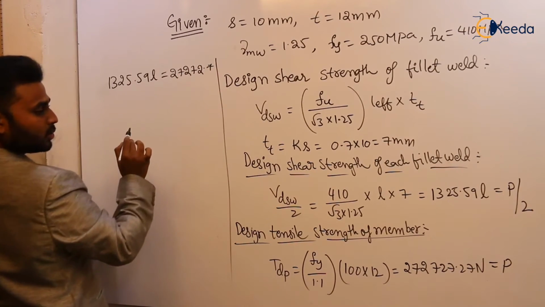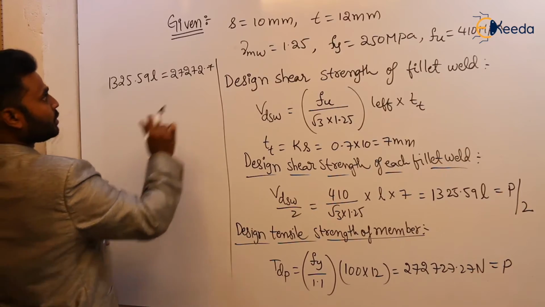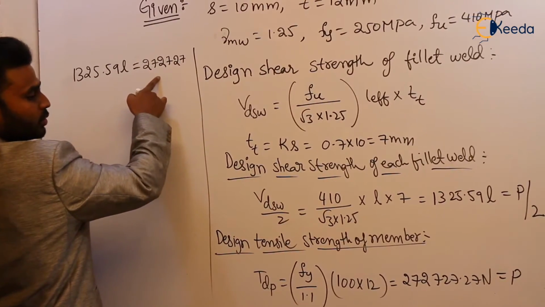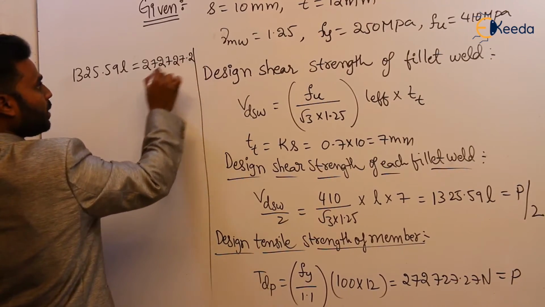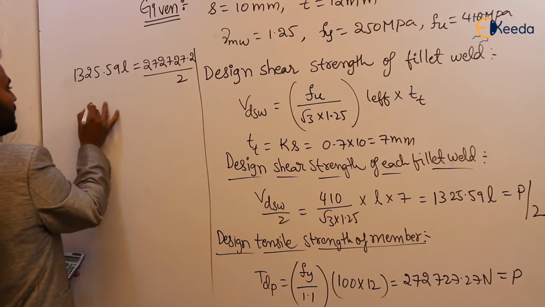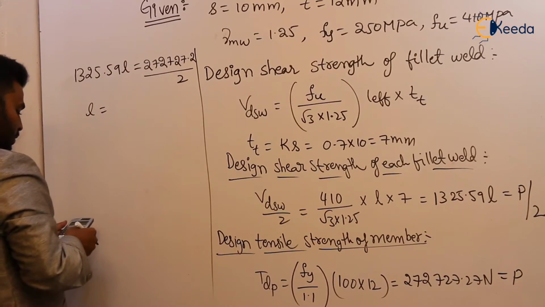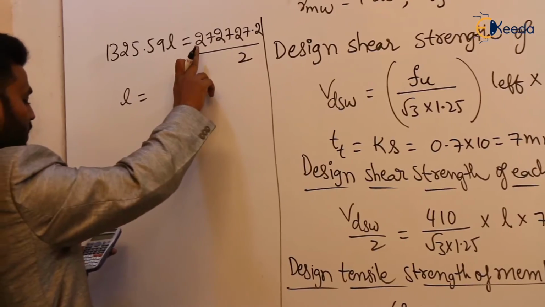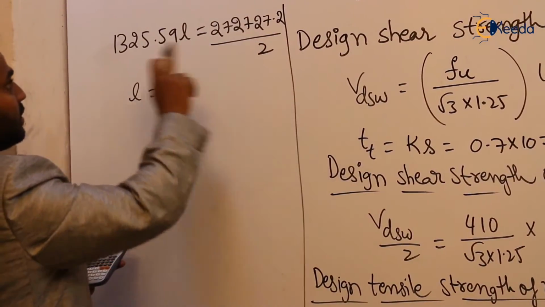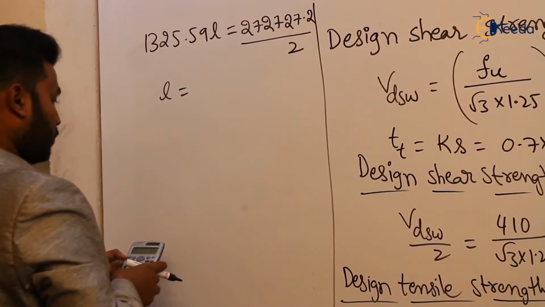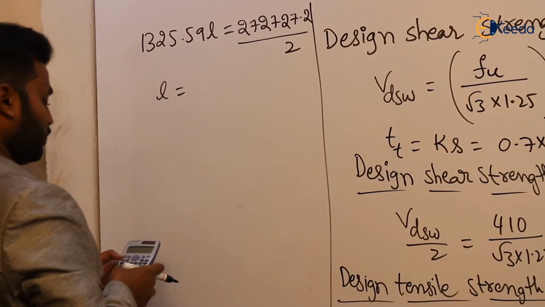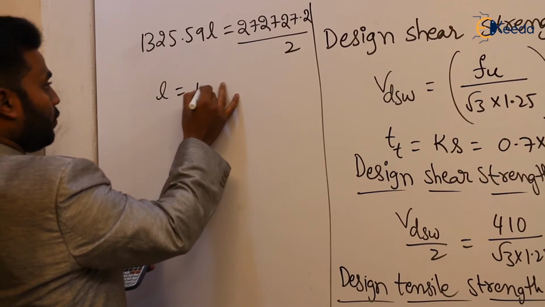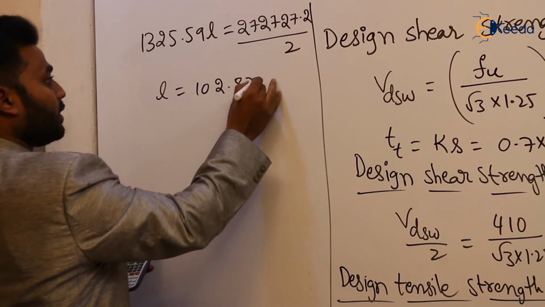P is 272,727.27, divided by 2. Upon dividing it by 2, we get 136,363.63 divided by 1325.59. How much is it? 102.87 mm.